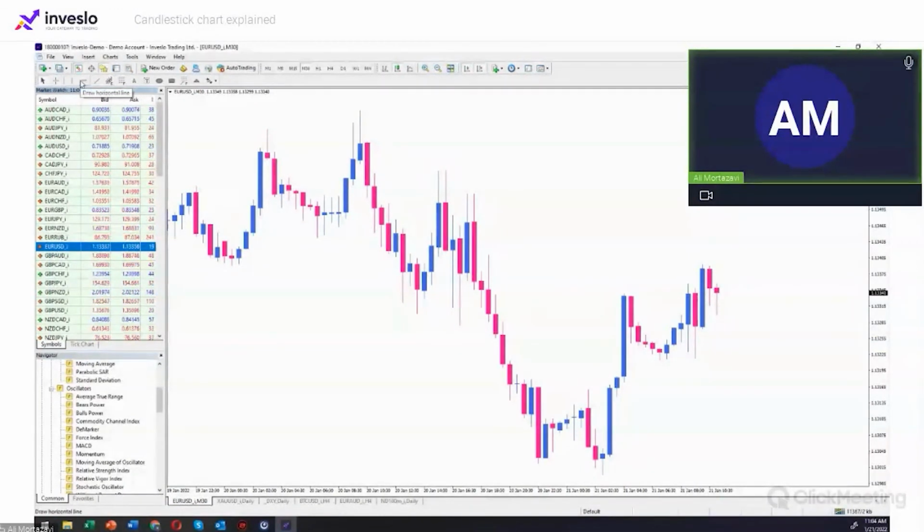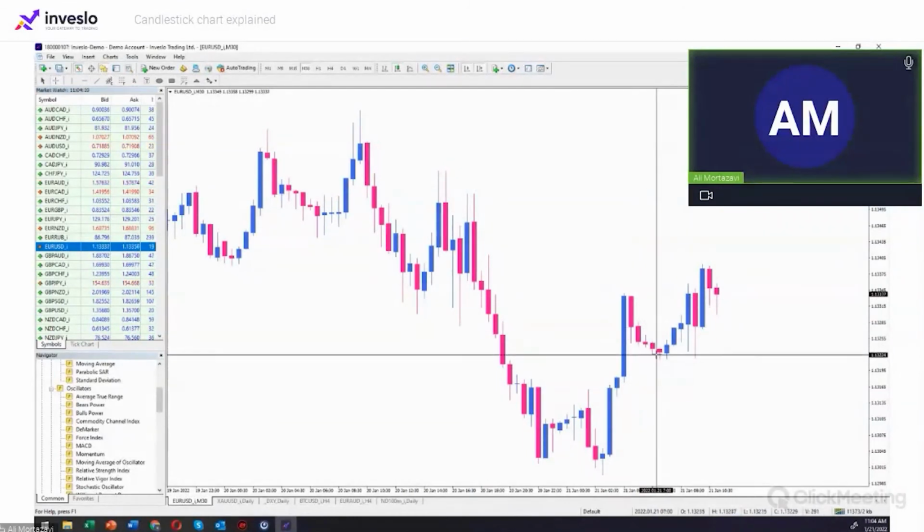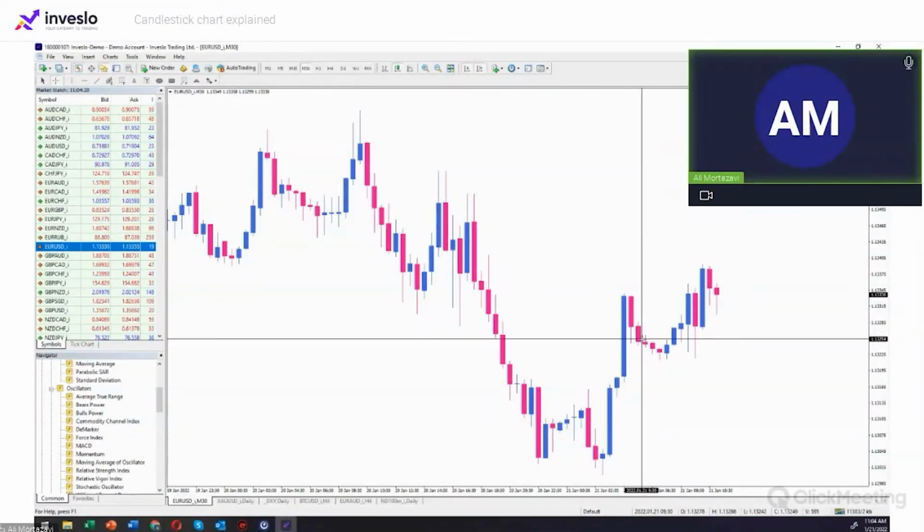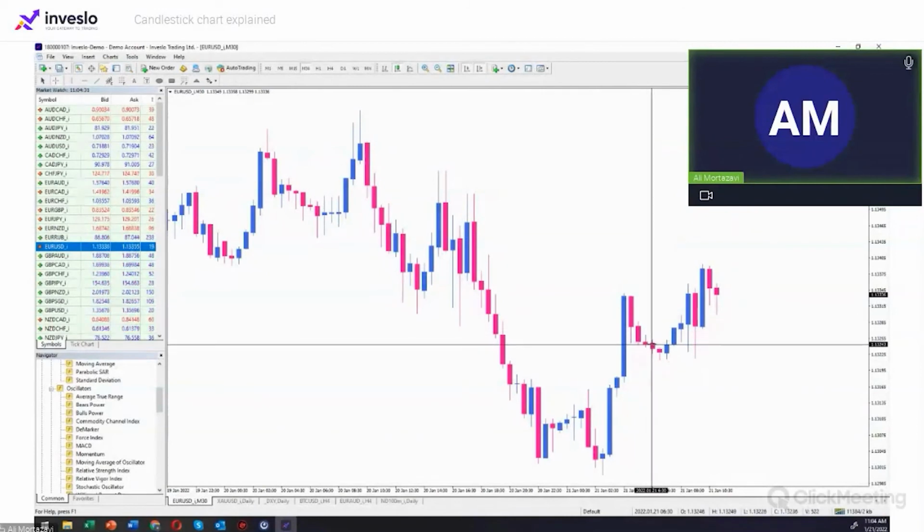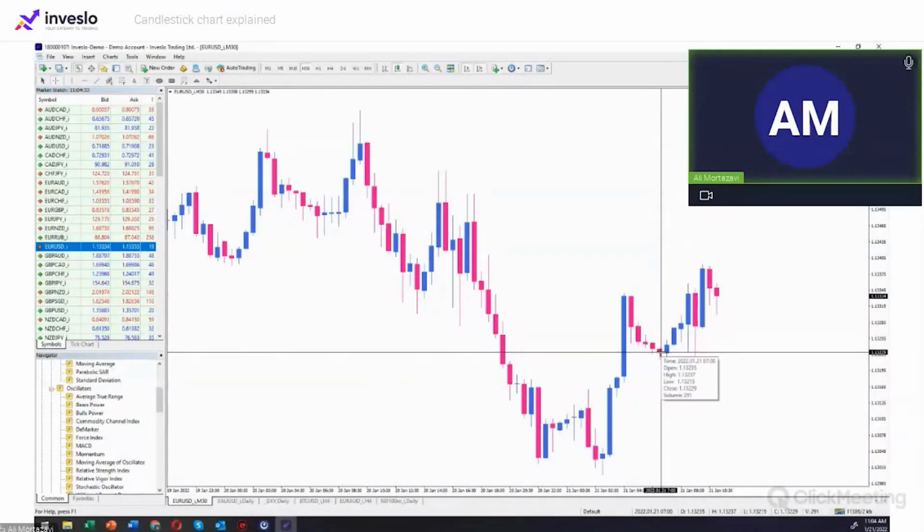For example, you see here, after coming down at these levels around 1.1320, we see this shortening body reveals the bearish sentiment is waning.